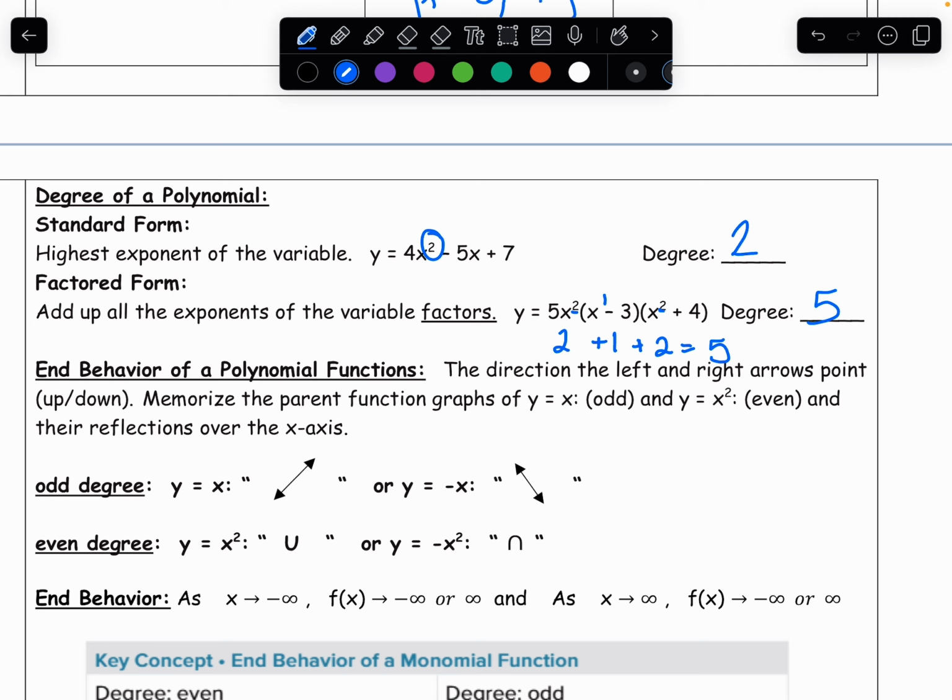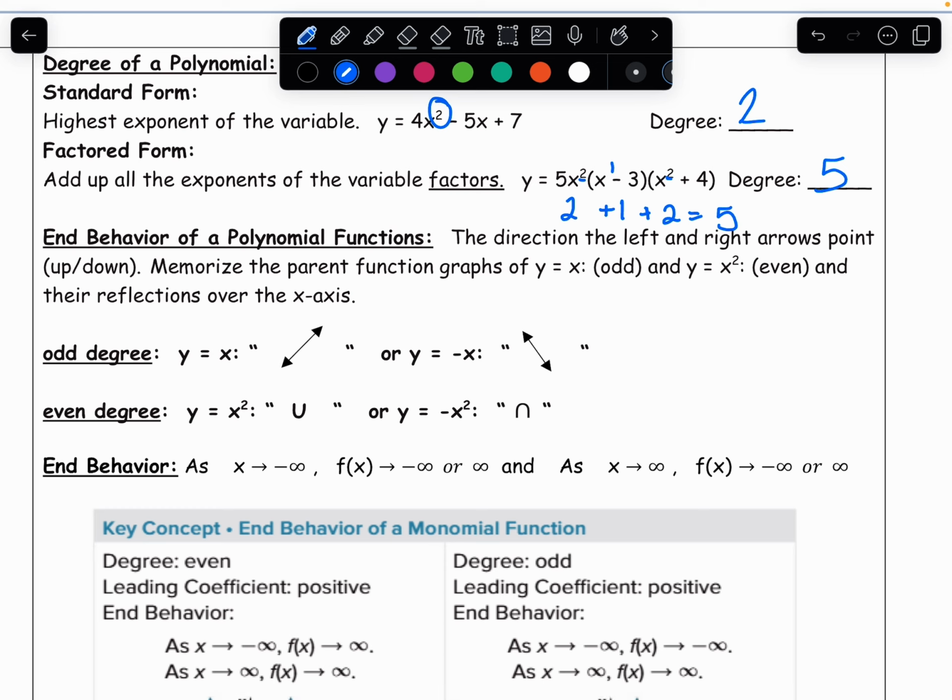What the degree tells you is how many solutions you'll have. So like y equals 4x squared minus 5x plus 7, we would have 2 solutions. Our next one, factored form, that x squared, we would have 2 solutions there, 1 solution at x minus 3, 2 solutions with x squared plus 4.